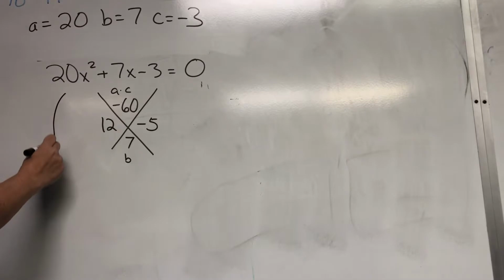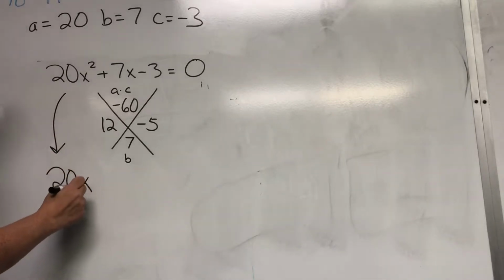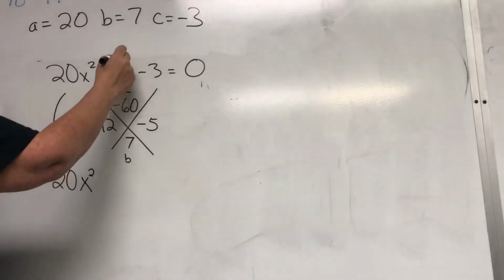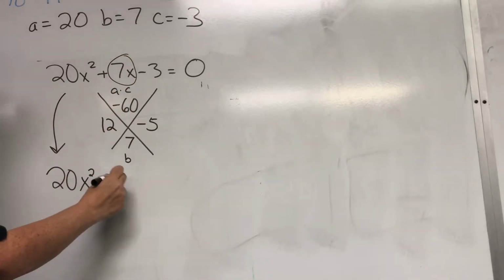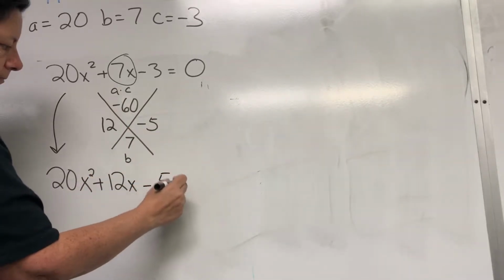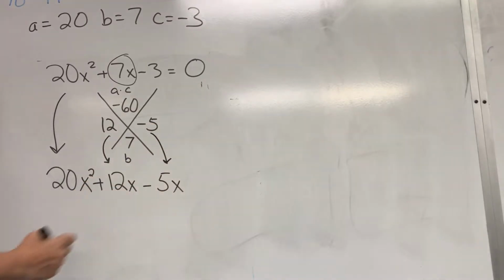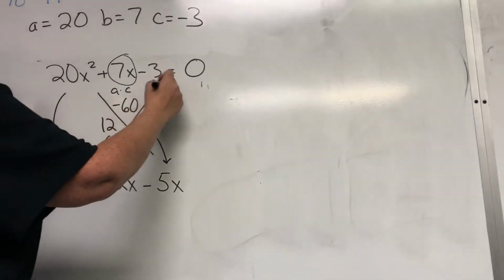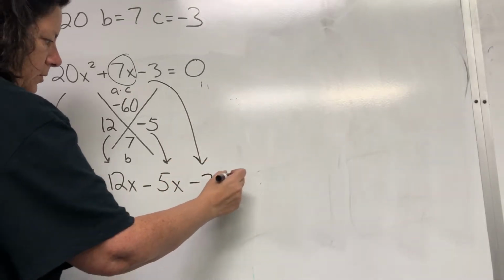Now I'm going to bring down the original equation, rewriting what I had before, except I'm taking the 7x and splitting it into 12x minus 5x. I got that 12x minus 5x from my big X. Then I'm bringing down the C term, minus 3 equals 0.